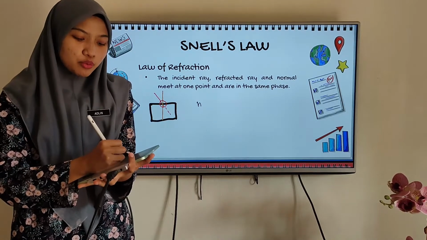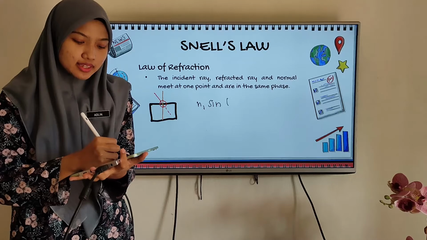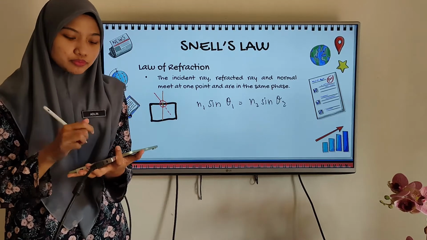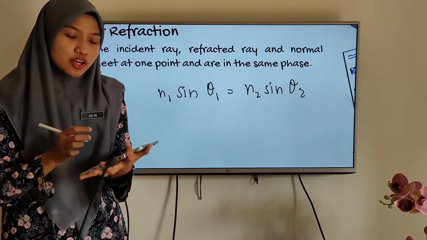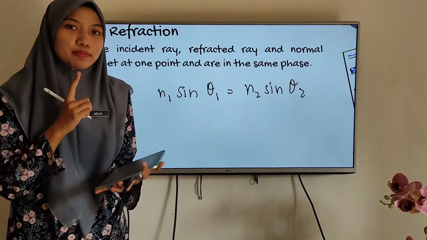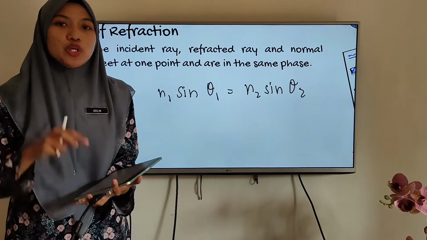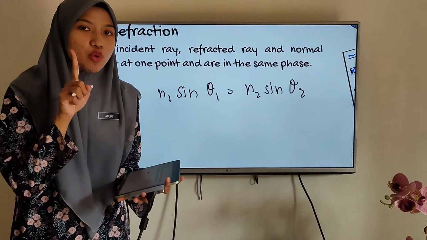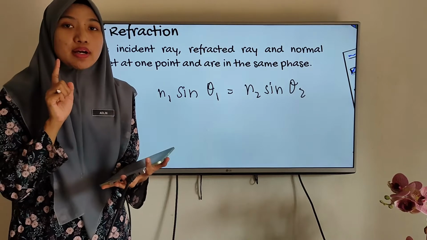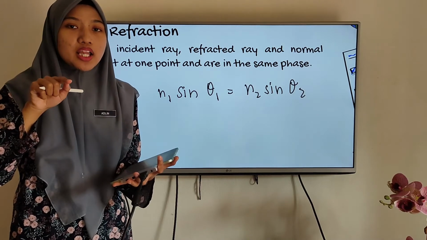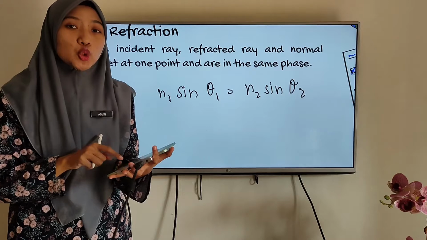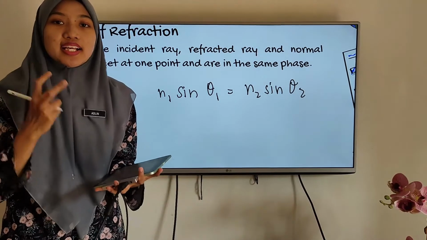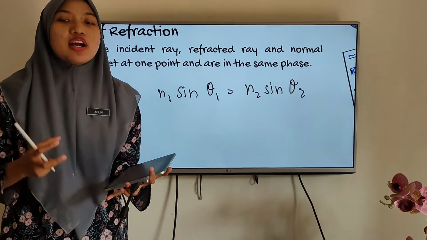So n1 sine theta 1 equal to n2 sine theta 2, where n1 is medium 1, theta 1 is the angle of the incident ray, n2 is medium 2, and theta 2 is the angle of the refracted ray.